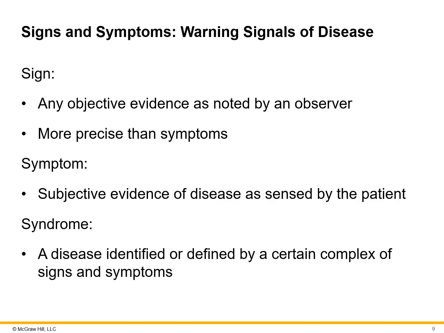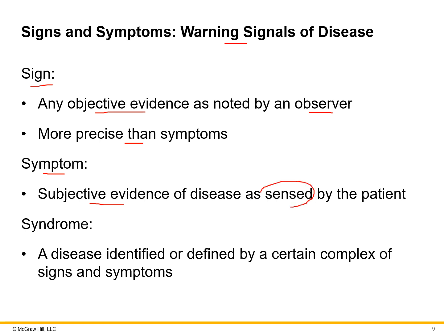Now, some of the warning signs of a disease, the difference between a sign and a symptom. So a sign is something objective. It can be noted by the observer, so it's precise. So something that somebody else can see. So a rash, for example, or a fever. Whereas a symptom is subjective. So it's something just sensed by the patient.